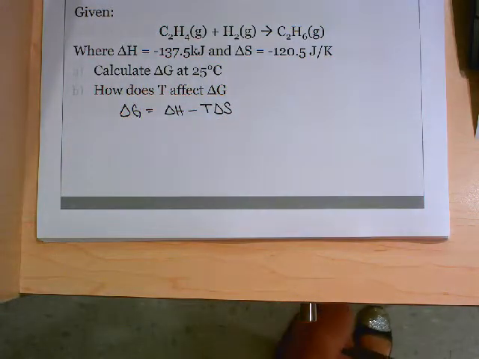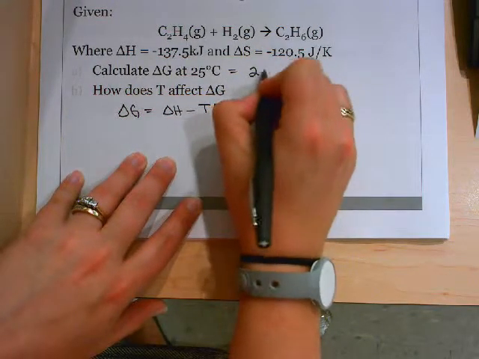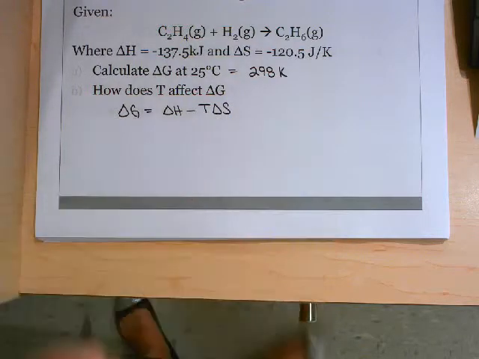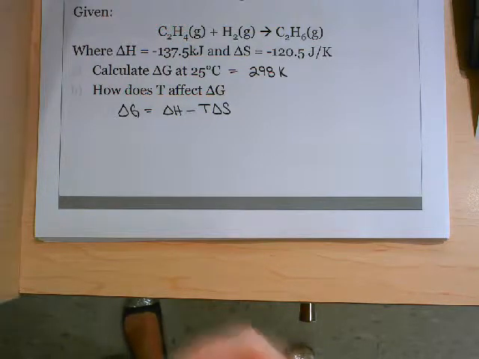Alright, so before I even go plugging things in, what is the first thing I have to do in order to make this equation work? Convert my temperature. So this is really 298 Kelvin. And then what is the other thing you see off the bat that you're going to have to fix before the units work out? Joules and kilojoules.